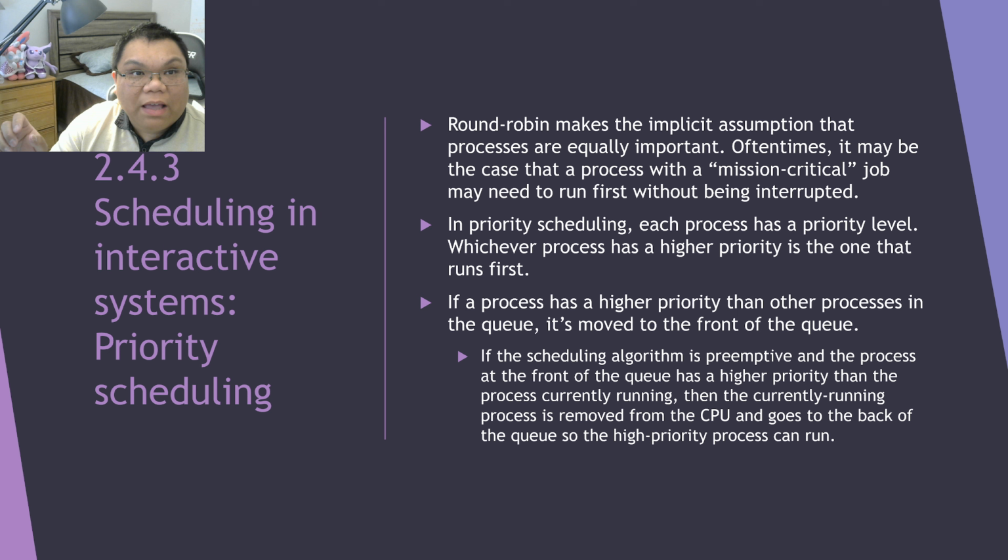If smaller numbers mean higher priority, then whichever process has a smaller priority value is the high priority one. And again, we do have priority queues that will help out with this.